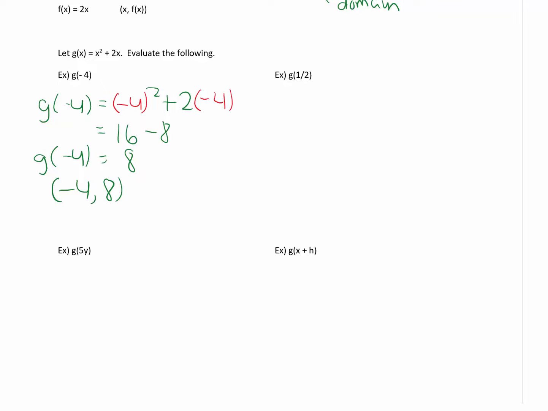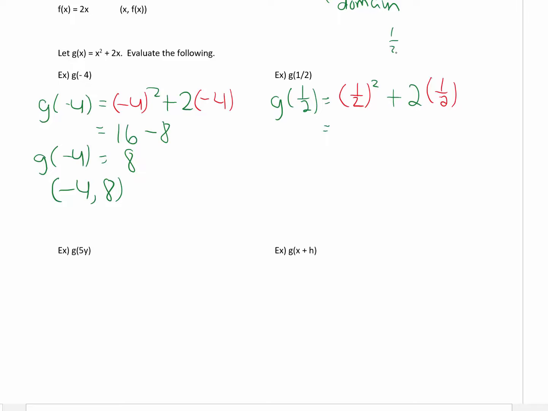Okay, let's take a look at the next example. So now let's do g of 1/2. So g of 1/2 equals, again, every time I see an x, I'm going to replace it with 1/2. Okay, so simplify. 1/2 squared, that's 1/2 times 1/2, that's 1/4.